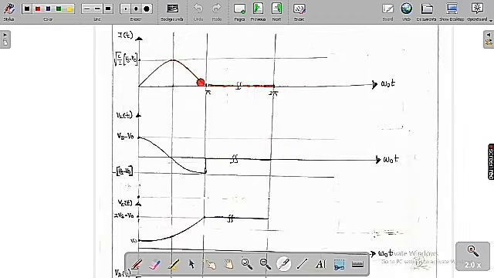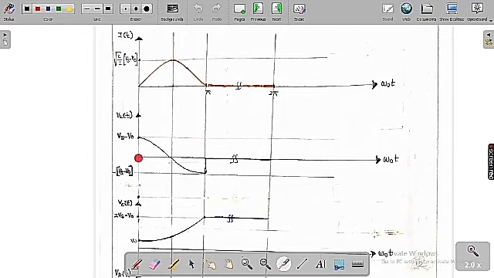Now I am going to draw the graphs of each of these. The I of t expression is square root of C by L into Vs minus V naught into sin omega naught t, so you get a sine wave only from 0 to pi, and after that it is always 0. The maximum value is square root of C by L into Vs minus V naught. VL of t is Vs minus V naught into cos omega naught t.